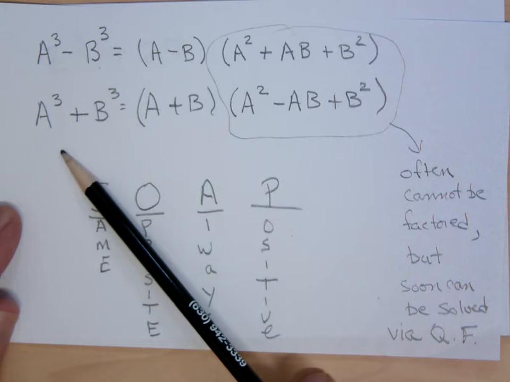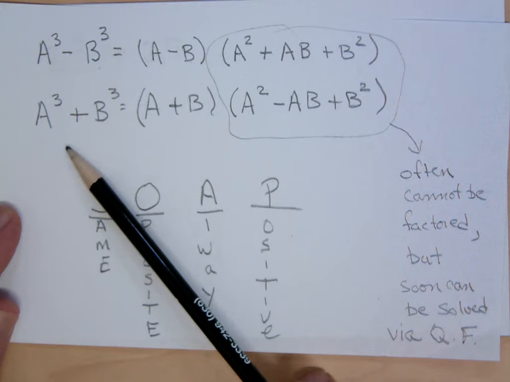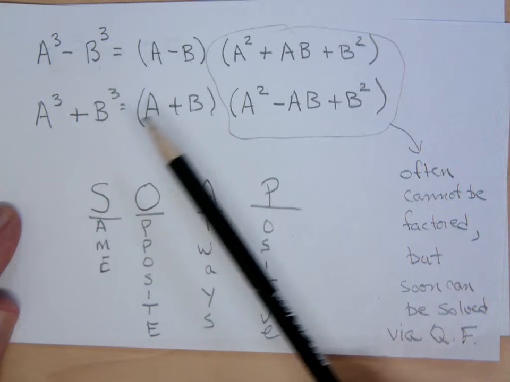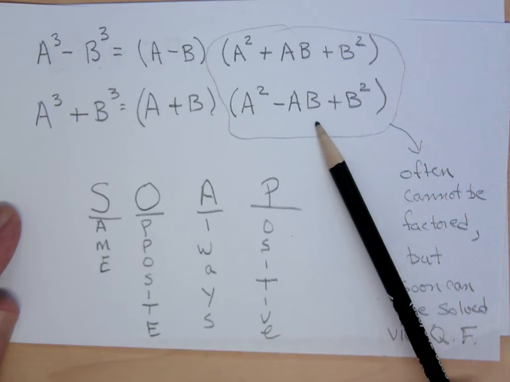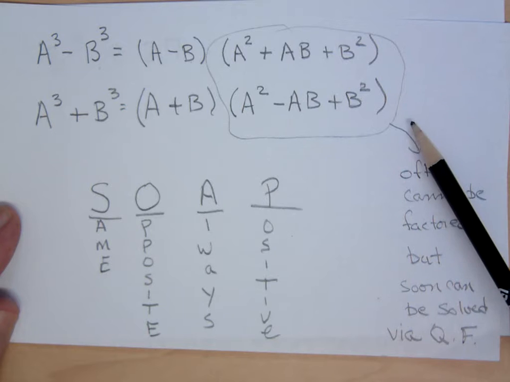And similarly, but different, the sum of perfect cubes, a cubed plus b cubed, can be factored into a plus b times a squared, but now it is minus ab plus b squared.